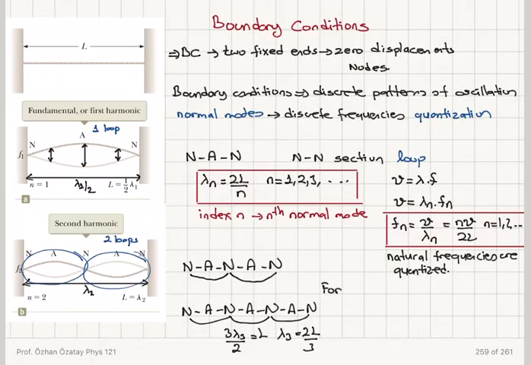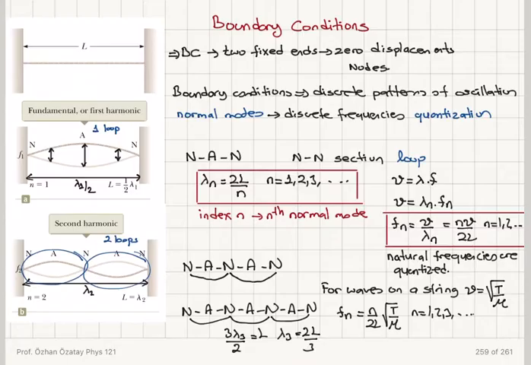Okay, so I have this integer multiple relationship. And because for waves on a string I know the propagation speed v is equal to the square root of tension divided by mass per unit length, I can write these frequencies as n over 2L square root of T over mu, where n is 1, 2, 3, etc., integer values.